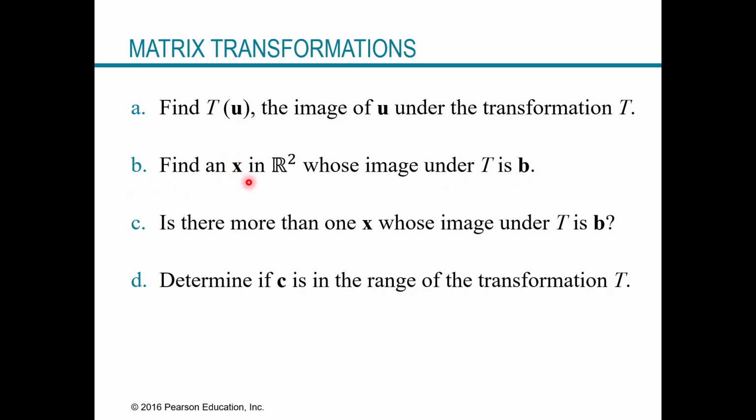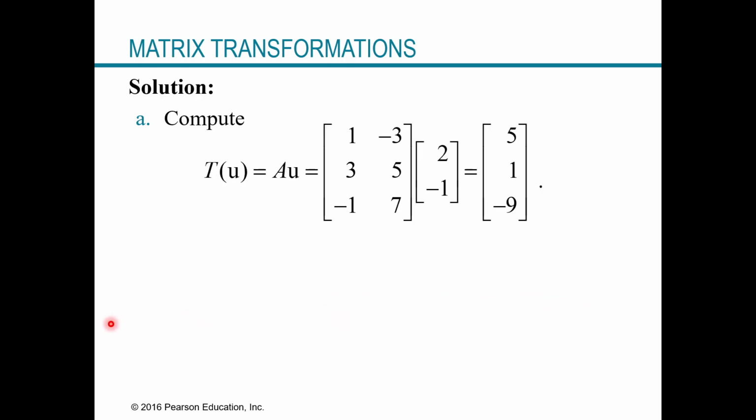What's X if we multiply it by A, which is from our transformation, and the answer is this vector B. Okay, and then part C, question, is there more than one X whose image under T will give us B? So these two go together. And then letter D, determine if the vector C is in the range of the transformation of T. So let's go through all of these.